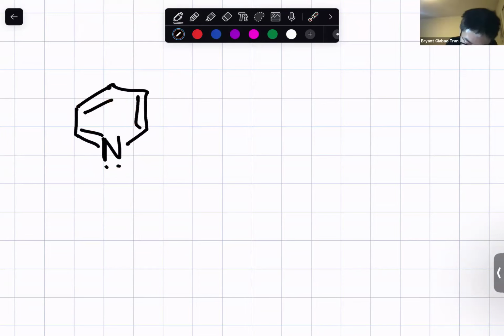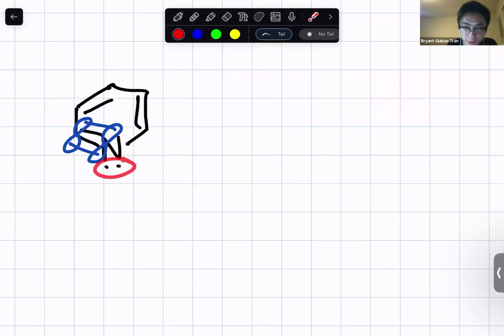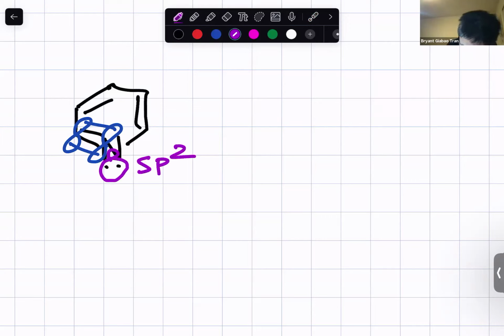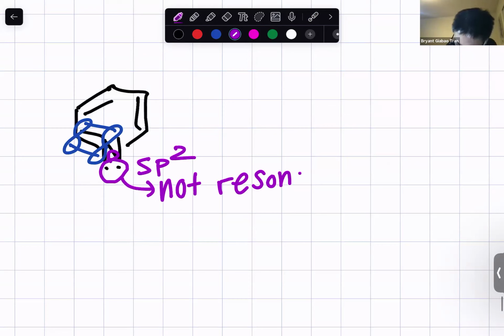The p orbitals of these two atoms here are already taken up because there's a double bond between that carbon and nitrogen already, so this lone pair is not on a p orbital. This lone pair is going to be on an sp2 orbital. That means that this lone pair is not resonating. It's not going to participate in resonance, right? Because the thing that is resonating is the pi bond here between that nitrogen and carbon right there.